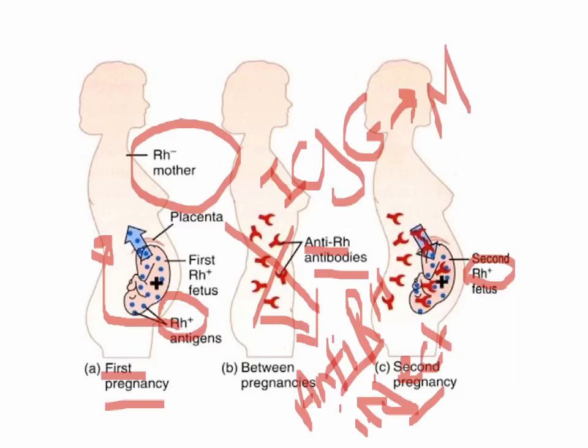So the injected anti-Rh will start to neutralize the Rh antigens and break them down, and the body will not recognize the RBCs of the fetus, and it will not form anti-D antibodies. And of course, the mother should take this injection after every pregnancy, in order to avoid the occurrence of the hemolytic disease of the newborn in the subsequent pregnancy.